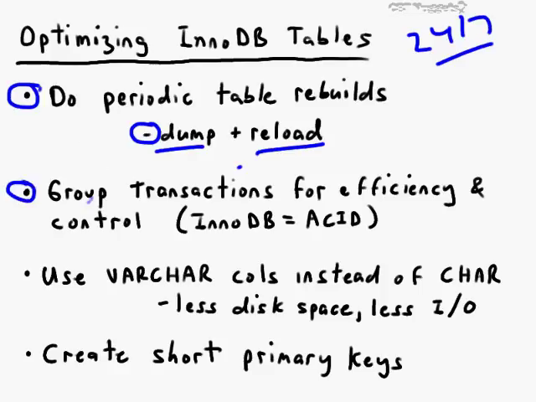Another suggestion is to take advantage of the ACID properties of InnoDB. ACID, you might recall, is an acronym that defines fundamentally the principles of a transaction-safe relational database management system. In other words, a transaction being a unit of work that is A, atomic, C, consistent, I, isolated, and D, durable. Specifically, this recommendation asks that we group transactions for efficiency and control.